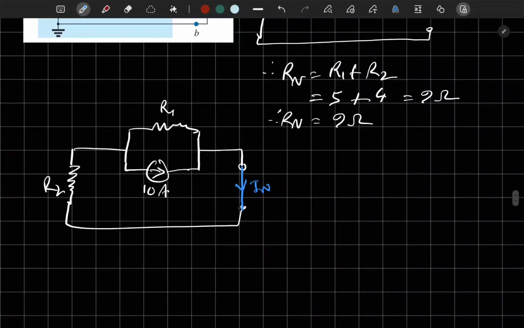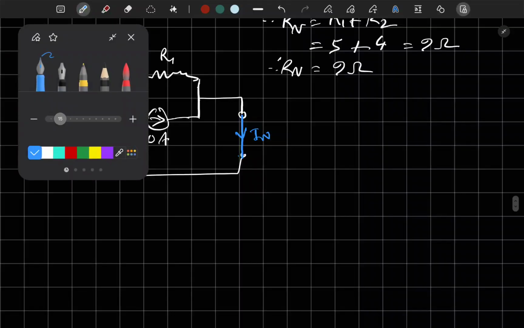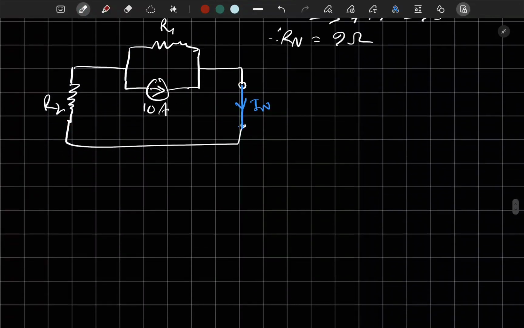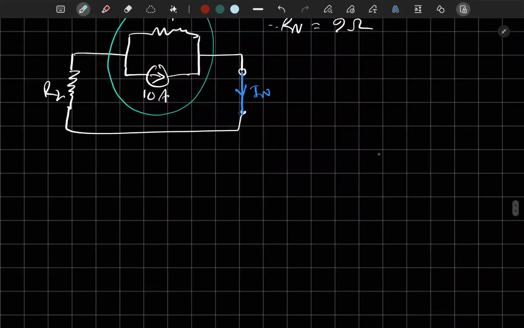Now this circuit looks a bit complicated. Is R1 and R2 in series or parallel? No. Okay. Pause the video and try to guess whether R1 and R2 is in series or parallel. Now I hope you guessed right, but we don't have to guess. We can check it by redrawing the circuit. So let's draw this as a separate part of the circuit.